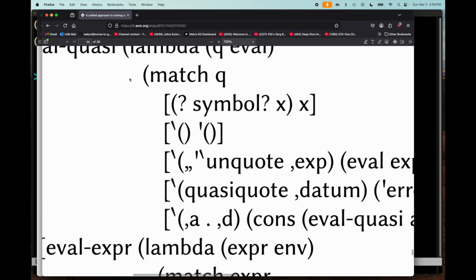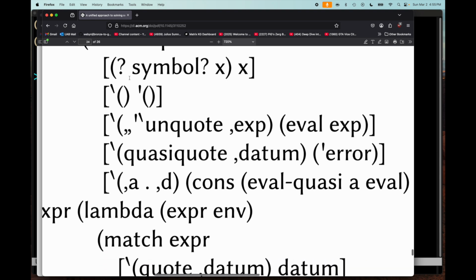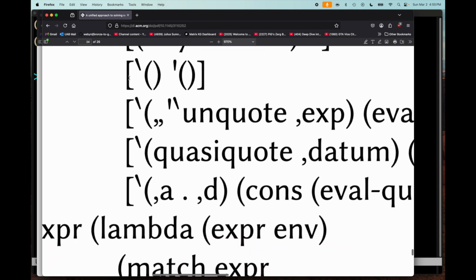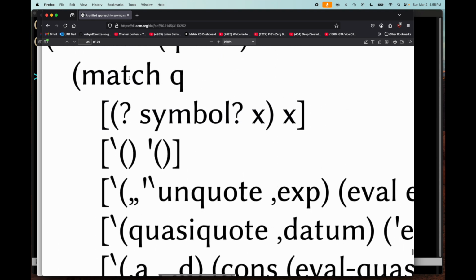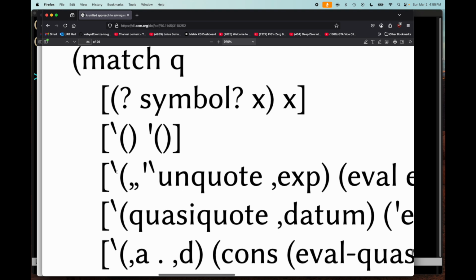Okay, so see if you can see this. All right, so part of this is Racket. Racket works a little differently, but here we're using Racket's match. And so here we have this pattern. So we're matching on this pattern. So we have quasi-quote, left paren, comma, comma, quote, quasi-quote, unquote.